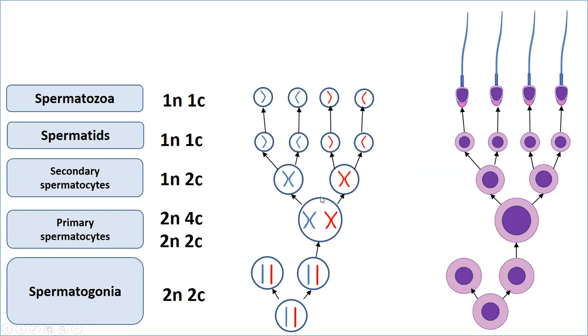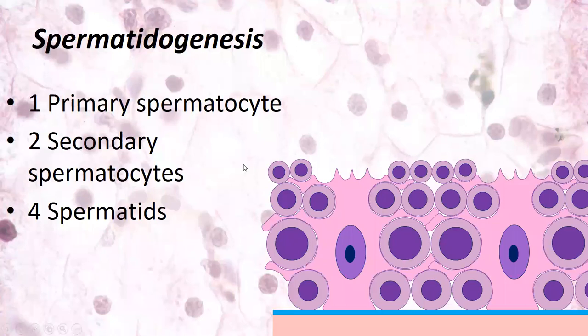As a result, primary spermatocytes are 2N 4C, secondary 1N 2C, spermatids 1N 1C, and spermatozoa as well 1N 1C. And here we can see the result of spermatogenesis: four spermatids developed, with a haploid set of chromosomes 1N, 1C.